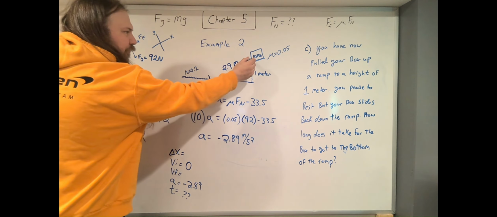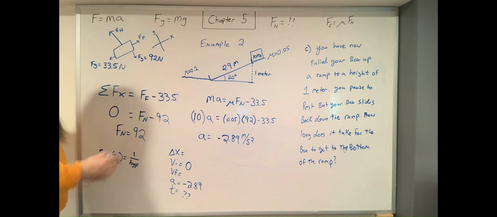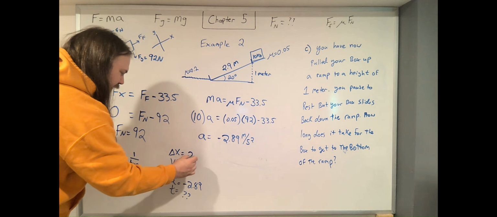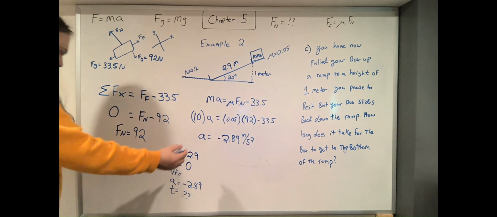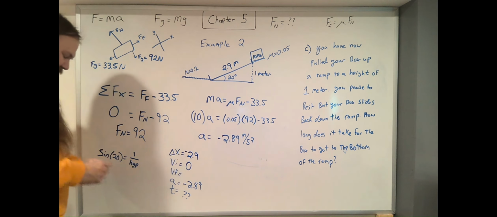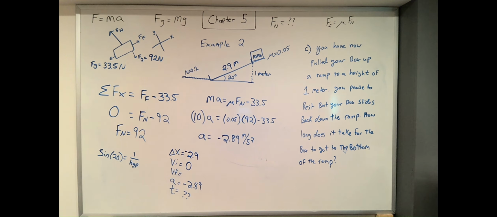So I want it to go from the front of the box to the bottom of the ramp, 2.9 meters. Let's go ahead and make that negative because it's traveling in the negative x direction according to our offset xy axis here. And now we can plug in.